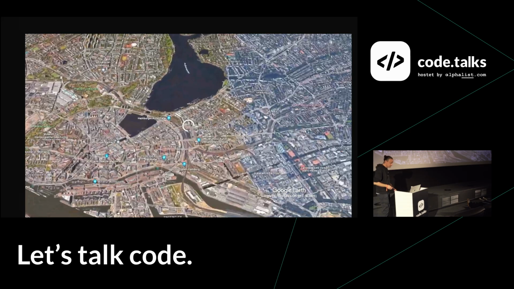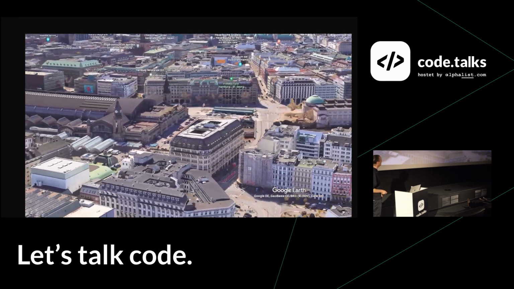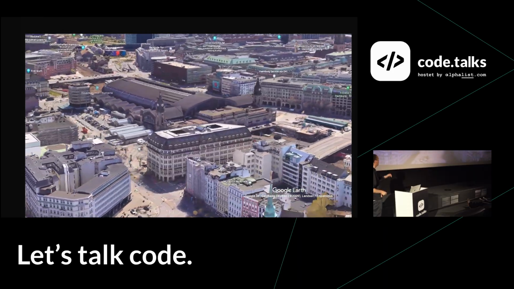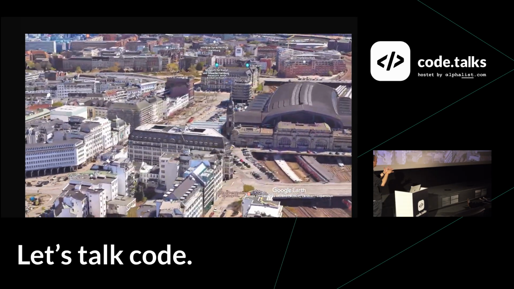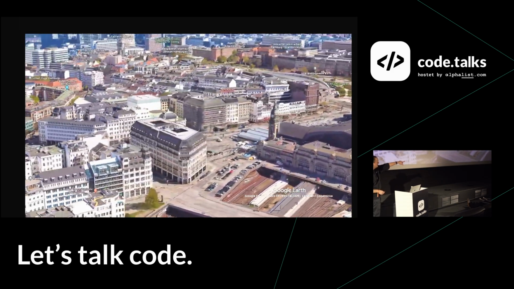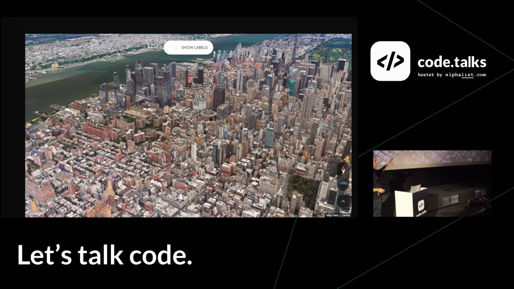Sorry for the internet connection. This is a video, yeah. So this is, for example, our office here in Hamburg. And you have this 3D information. And as you see, this is a video being grabbed from Google Earth as a screencast. But this information is now interactively available in the browser and also for Android and iOS.